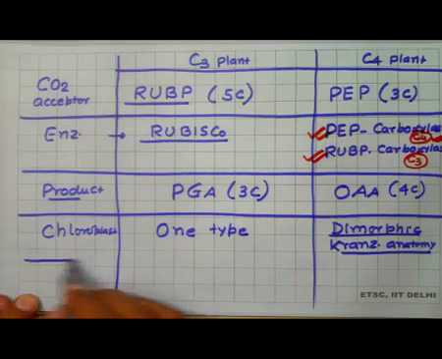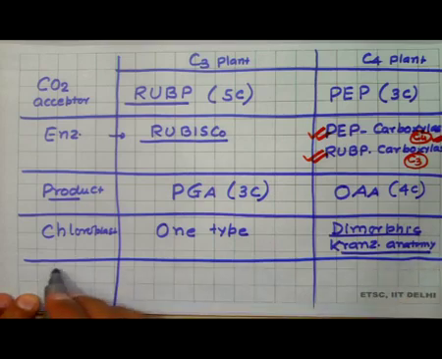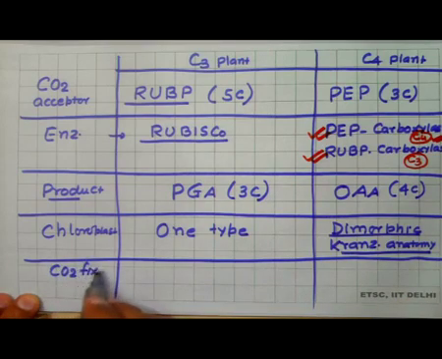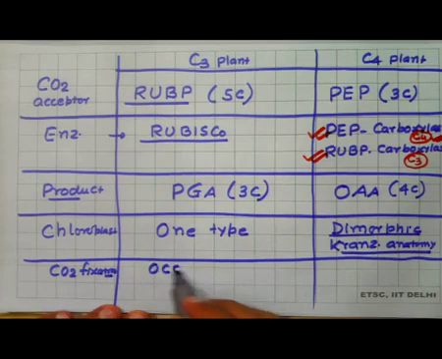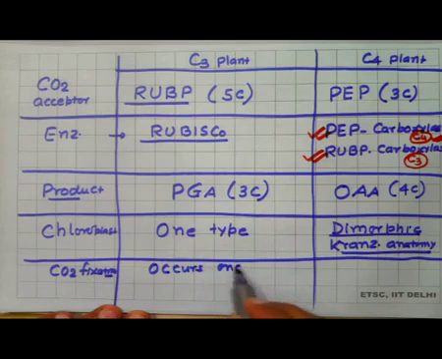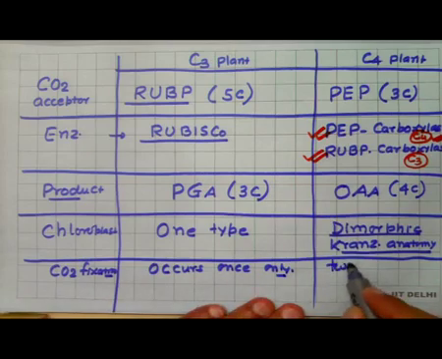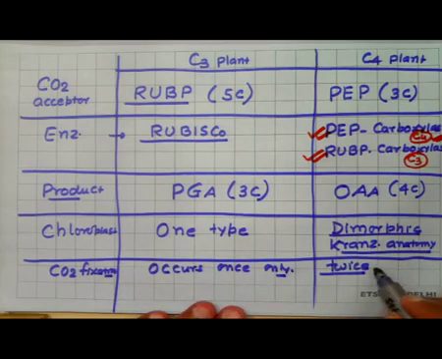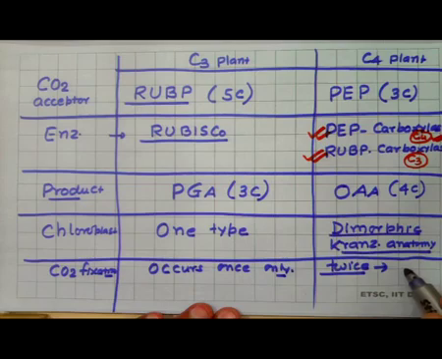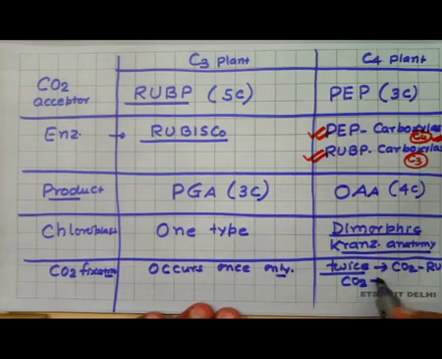Now, in terms of CO2 fixation, in C3 it occurs only once, and in C4 it occurs twice, because we have seen the CO2 is formed in bundle sheath cell, which is received by RuBP, and CO2 in mesophyll cell is received by PEP.